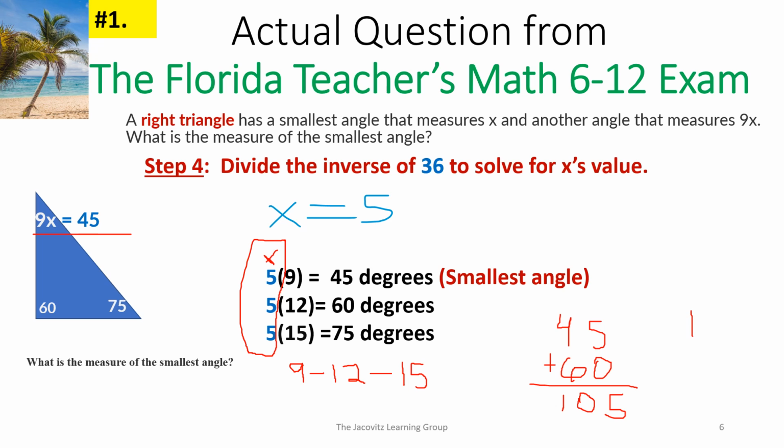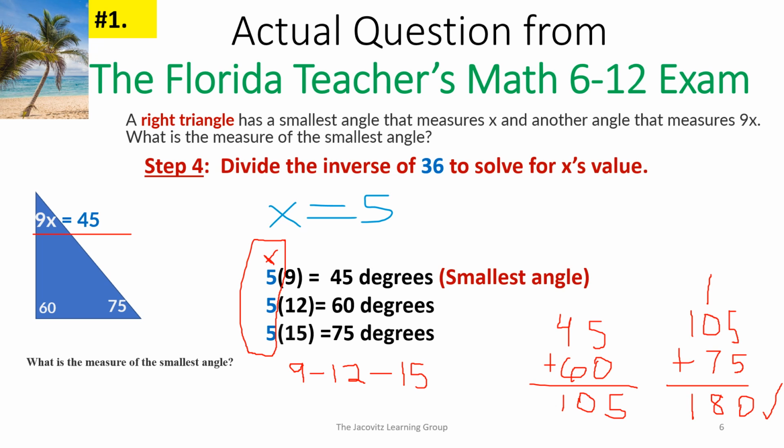And then is 105 plus 75 going to give me 180? Sorry, that's a 7. Yes, it does. So now you're done.